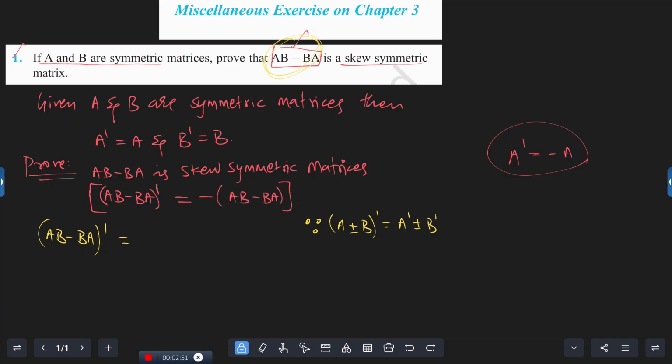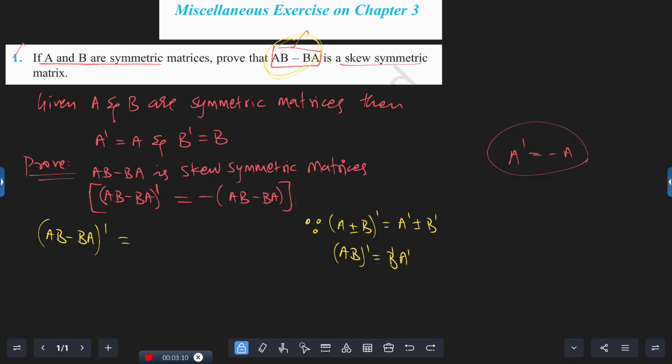When we have addition or subtraction, the transpose comes order-wise. But for multiplication, it will be in the reverse order. AB whole dash, what will you get? Yes, B dash and A dash. Both will come in a multiplication.